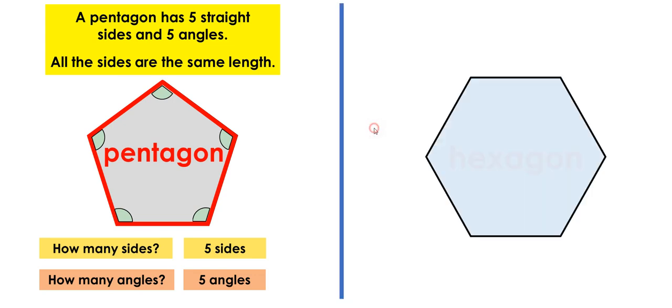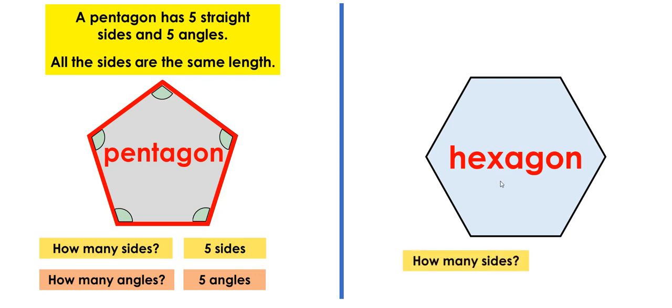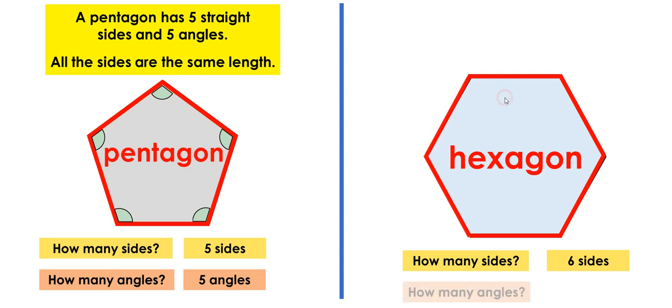Alright, next one. We have a hexagon. Hexa means 6. Look at the X. The word 6 has an X on it. So it's going to be easy for you to remember when you see the X. Hexa means 6. How many sides? 6 sides. How many angles? 6 angles.